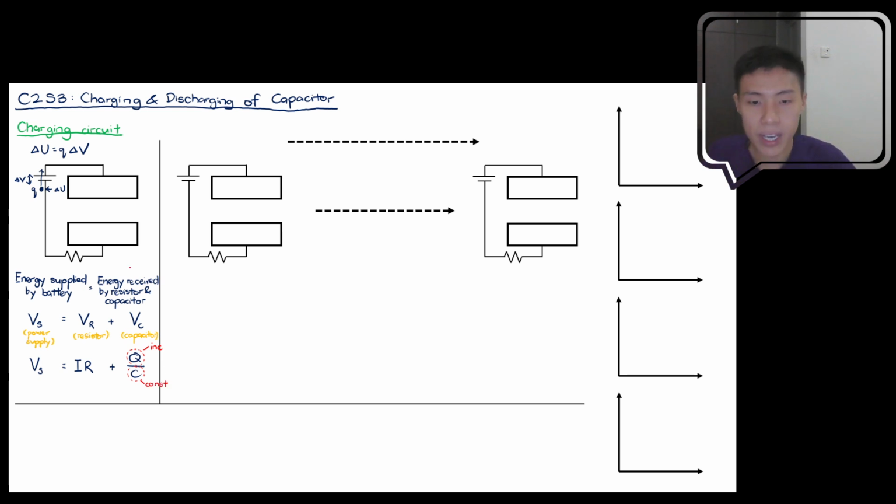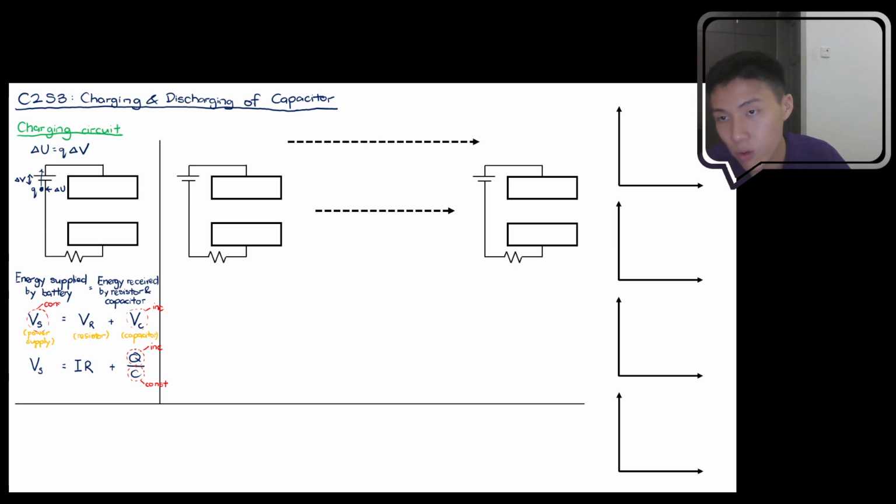Okay, so by this logic, if Q is increasing and C is constant, this voltage of the capacitor here should technically be increasing. But we already mentioned just now that the voltage of the power supply is a constant value.